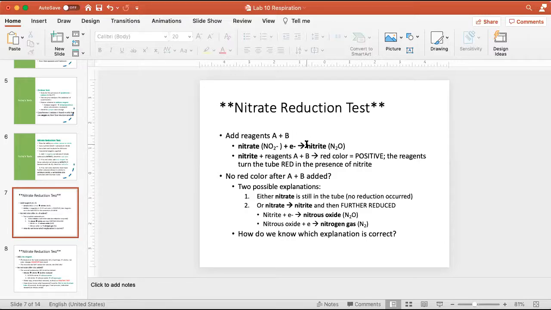Reagents A and B will react with the nitrite, and you're going to get a red color. That's a positive result, because that tells you that the microbe must have reduced the nitrate to nitrite. And those two reagents showed us the nitrite.